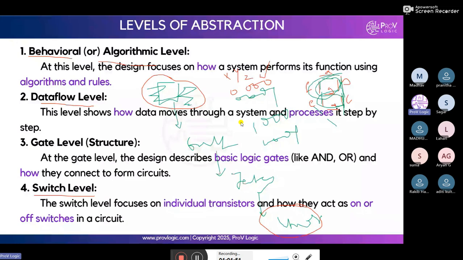If you write the program by using the output expression, suppose full adder. For a full adder, we get two expressions: sum equal to A XOR B XOR C, and carry equal to AB plus BC plus CA. So that's what we write here, expressions directly.